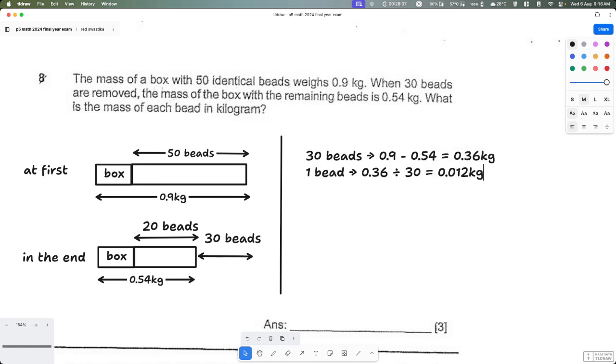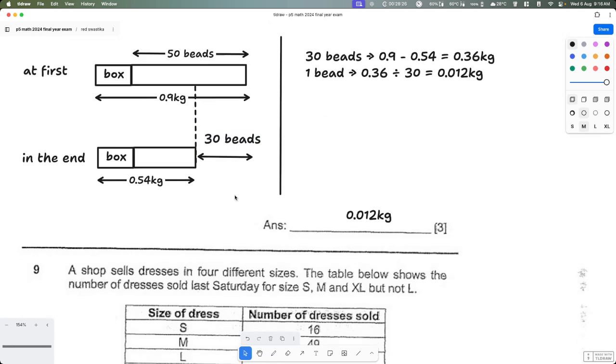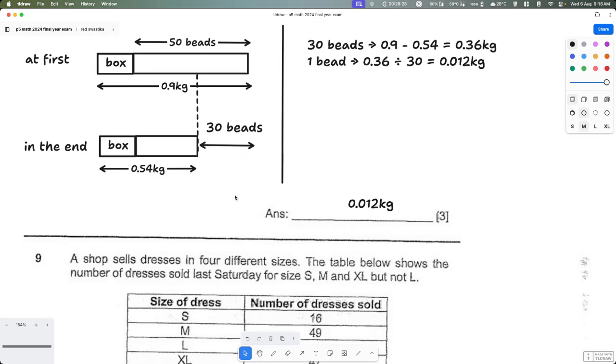So that's the answer. The answer is 0.012 kilograms in this case. So we don't need these 20 beads actually. There you go. So from here you can guess what's the answer to this. Okay, let's move on to the next question.